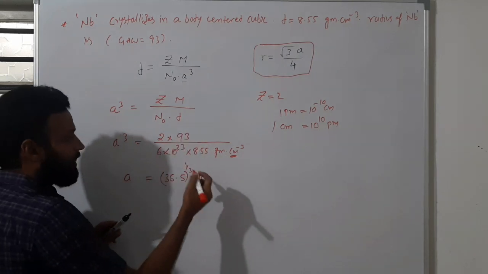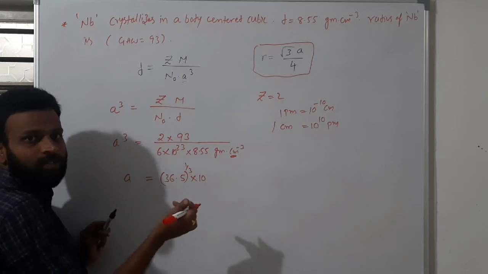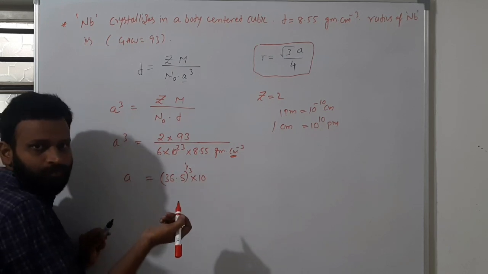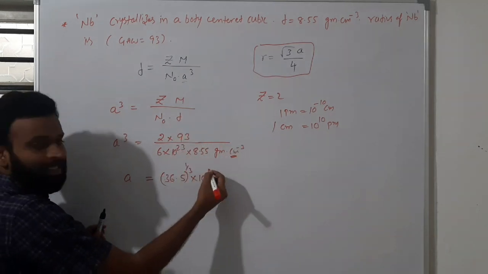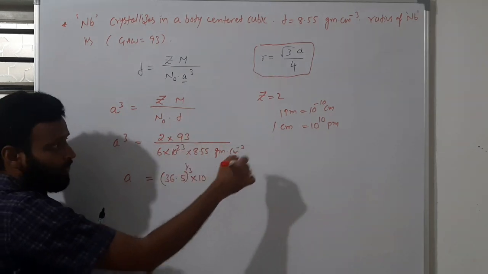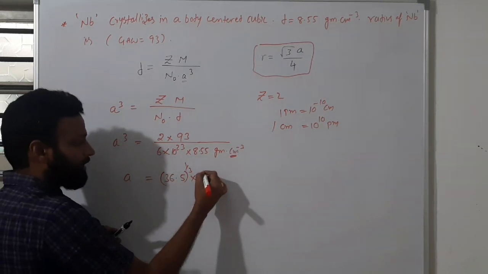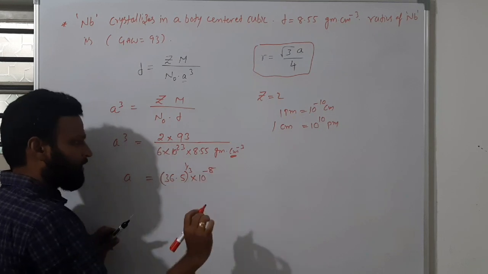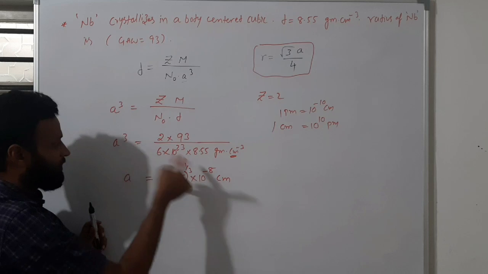So a cube now, definitely you will get it, because 8 3s are 24, like that, 24 power 1 by 3. 10 power minus 8 will come, that into 10 power 10. So in that way you will get 10 power minus 8. This is in centimeter actually after simplification.